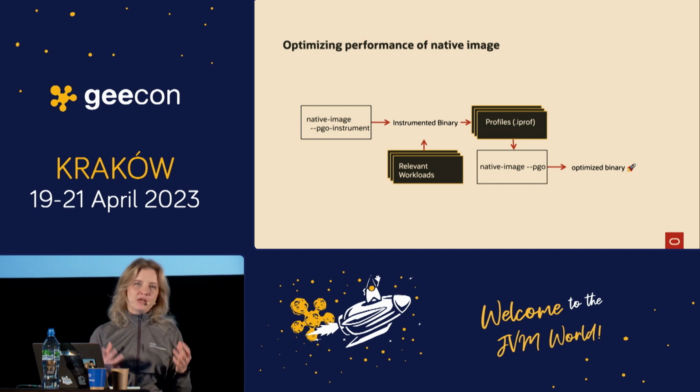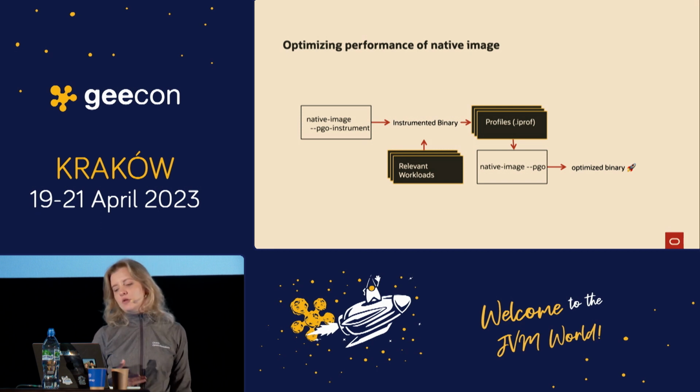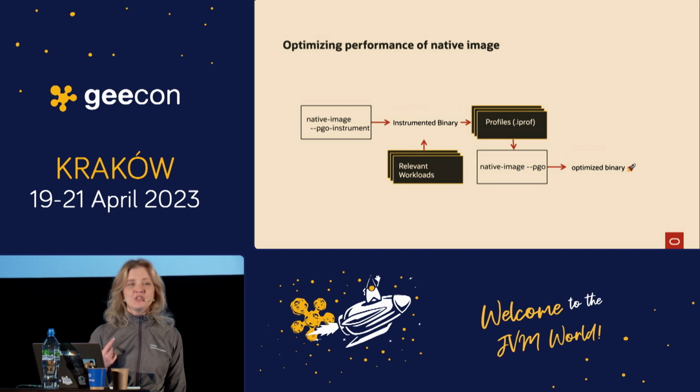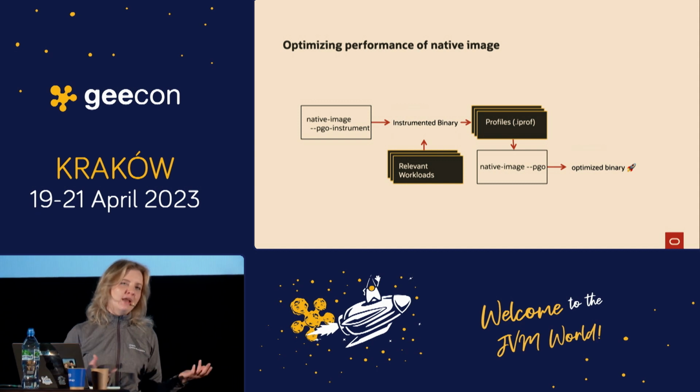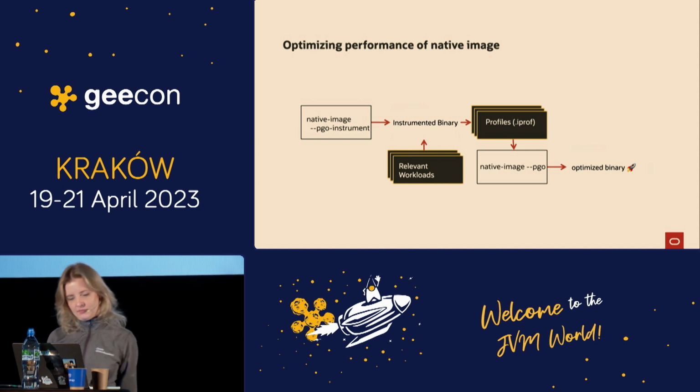It will compile your application ahead of time, but it will also use this profile information coming from runtime, so it can compile ahead of time being aware of what your application will do at runtime. So if you are using profile-guided optimizations, you can reach comparable peak performance on native image compared to running on the JVM.